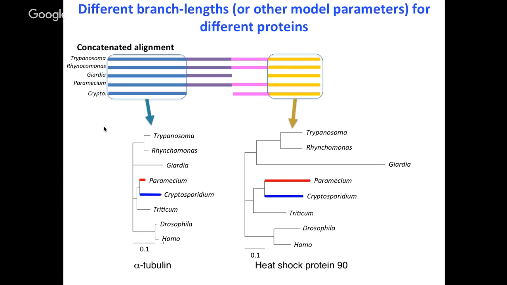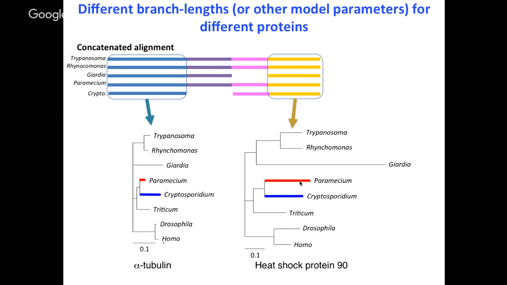What I want to draw your attention to is the fact that the branch lengths leading to the taxa are actually quite different in the two genes. It's not just a matter of scaling. One is a more fast evolving gene than the other. The relative branch lengths are quite different. Here Paramecium is going slower than Cryptosporidium, and in this gene it's vice versa, Paramecium is going faster than Cryptosporidium.